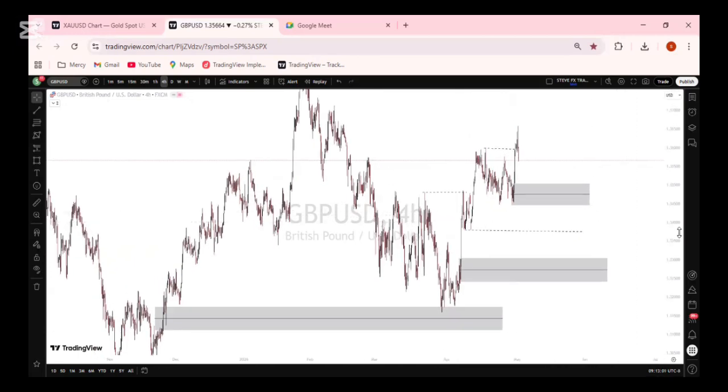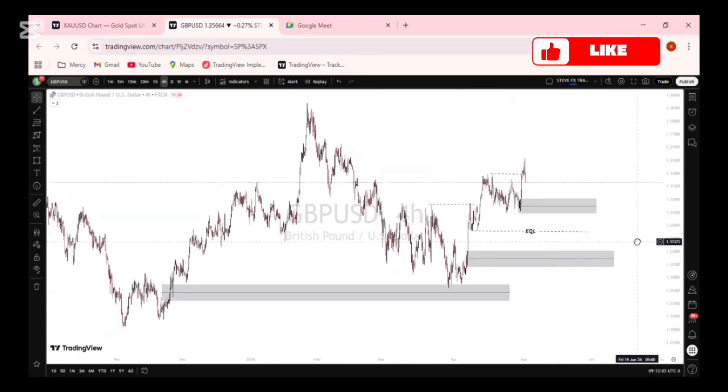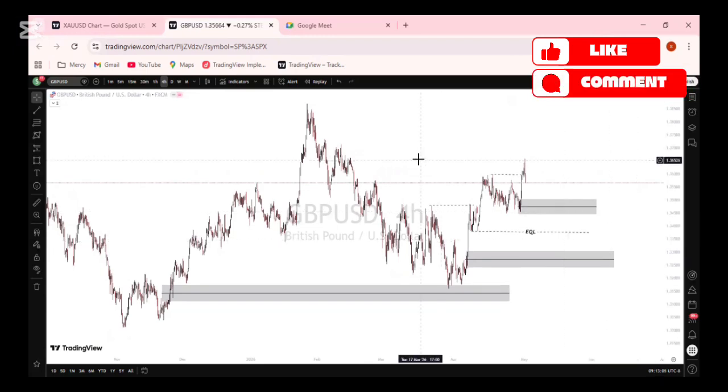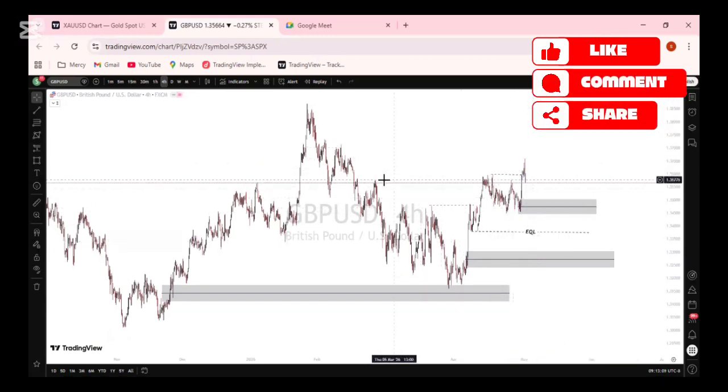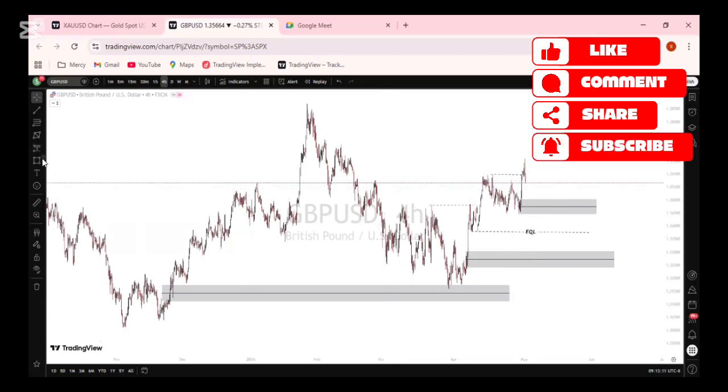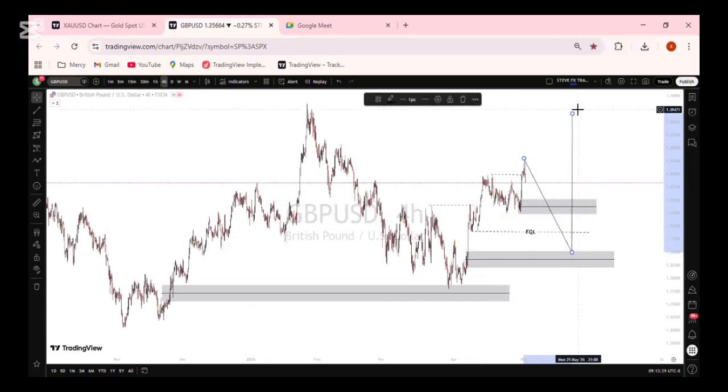So on GBPUSD, we will just be expecting the market to either react from this point and then go upwards, or the market will come downwards to this point before we see another impulsive leg.